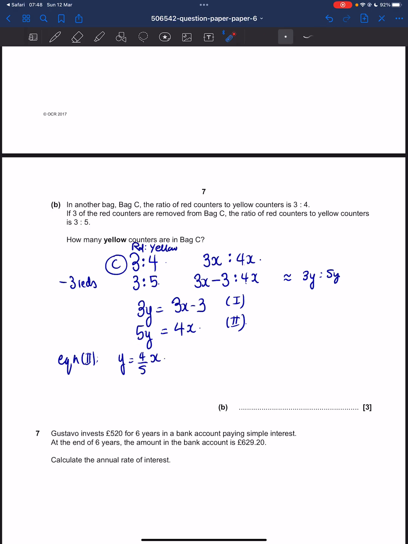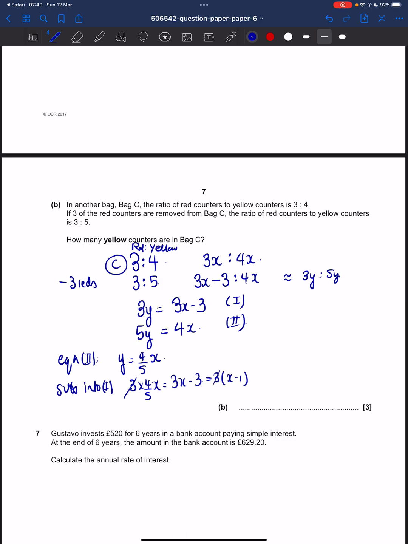Divide both sides by 5. And then we substitute into equation 1. So 3 times 4/5 x is 3x minus 3. Divide both sides by 3: x minus 1.